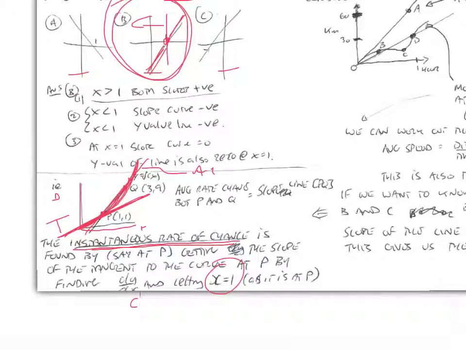So dy/dx would be equal to the instantaneous speed, not the average, at that particular point in time, at x equals 1, say. So there's our point, there's our tangent. dy/dx gives us the slope. Plug it in and we get a slope value equal to whatever it is.